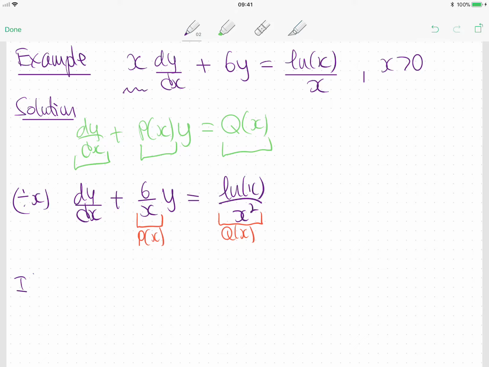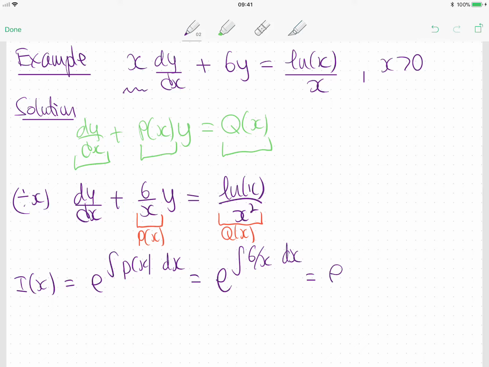The next thing we need to do is find the integrating factor, I of x. The definition of this is e to the power of the integral of p of x. So let's calculate that. e to the power of the integral of 6 over x.